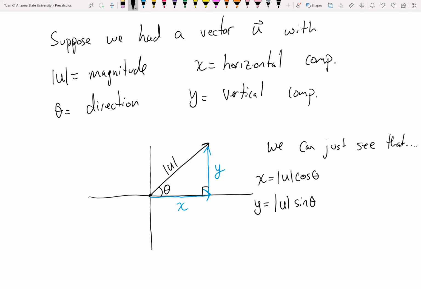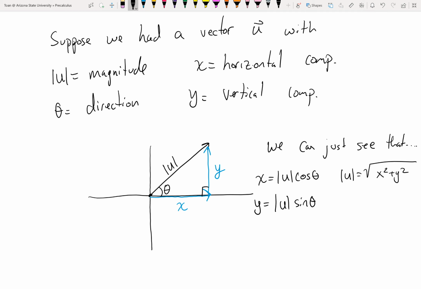And then on the flip side, we can see that the magnitude is the square root of x squared plus y squared. It's the same formula we wrote, although in Unit 8 we did the squared version without the square root. For some reason, when it comes to magnitudes and vectors, we always take the square root version, whilst for polar coordinates and complex numbers, we use the squared version.